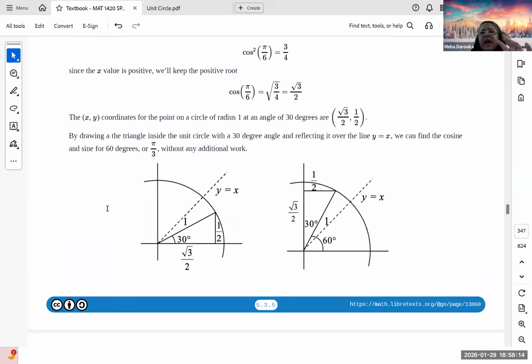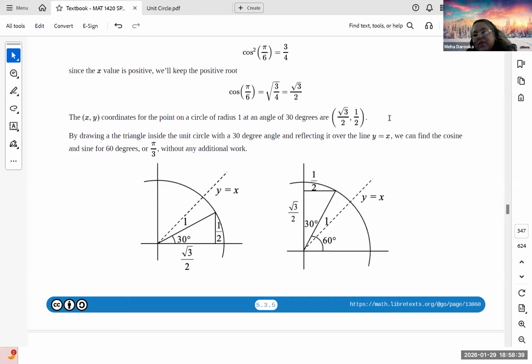So do we understand how the reflection is working here, guys? I really need you to know why, when you are reflecting on the line y equals x, your x and y values switch places. No? Okay. So remember inverse functions. What inverse functions means? Addition is the inverse function for subtraction.